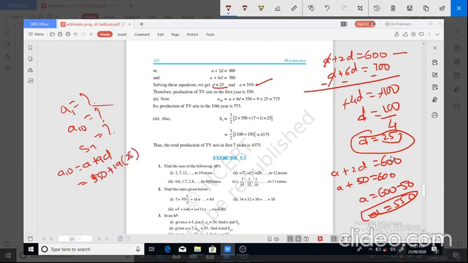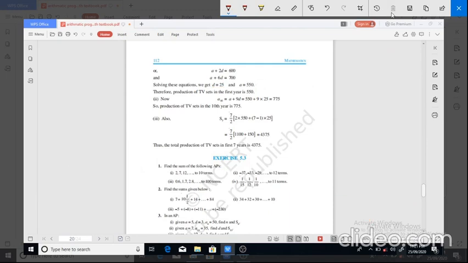So 25 into 9, how much? 225. So the total value is 775. So a10 equal to 775. Next, what is the S7?